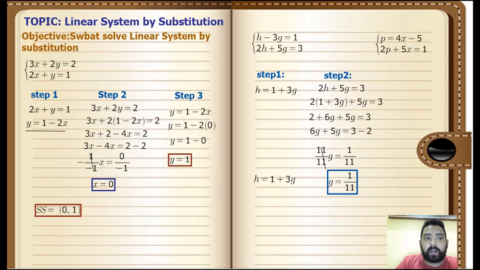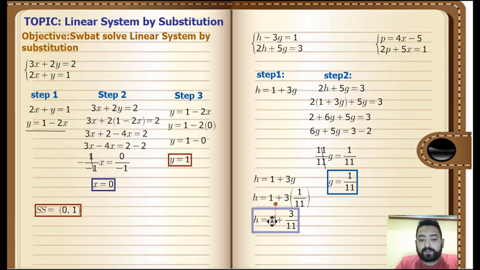So it will be h equals 1 plus 3, we open parentheses, 1 over 11, and close the parentheses. And then we have h equals 1 plus 3 over 11. And then you solve this one.